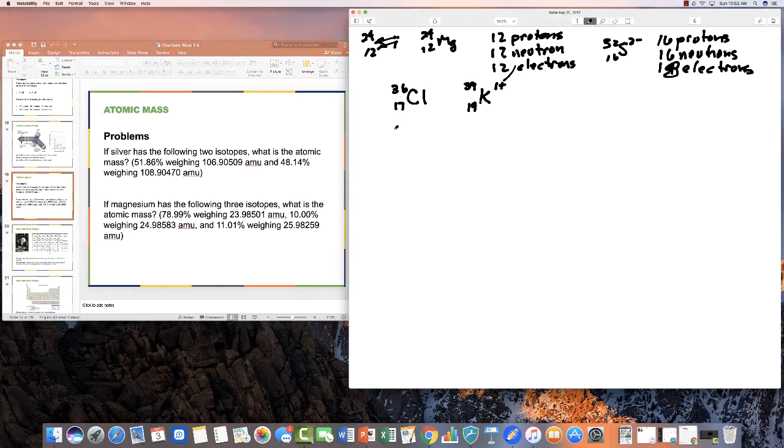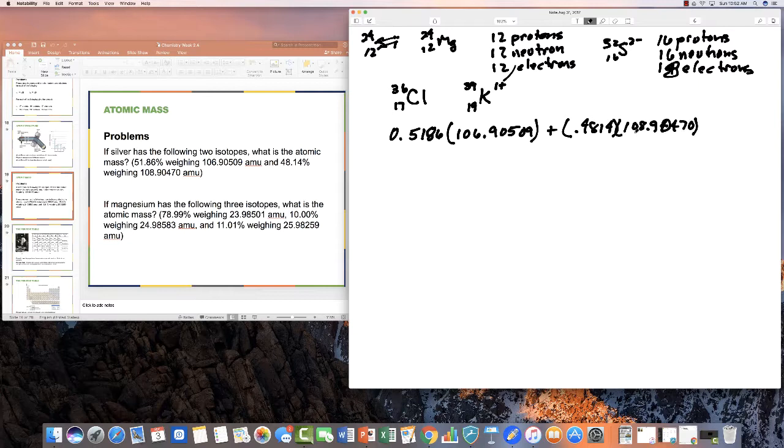So you take 0.5186, and that's this 51.86%, times 106.90509 plus 0.4814 times 108.90470.